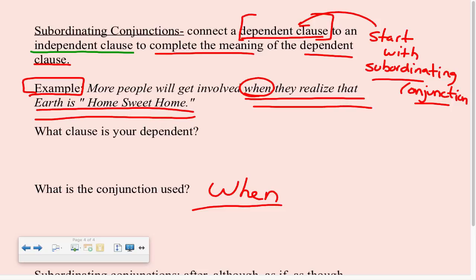is a dependent clause. If I read this out to you like we were on the phone, and I said, when they realize Earth is home sweet home, would you expect more? Yes. So what is a dependent clause? A dependent clause is when it needs more.